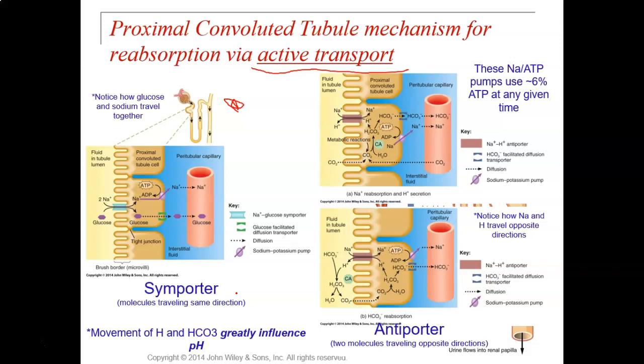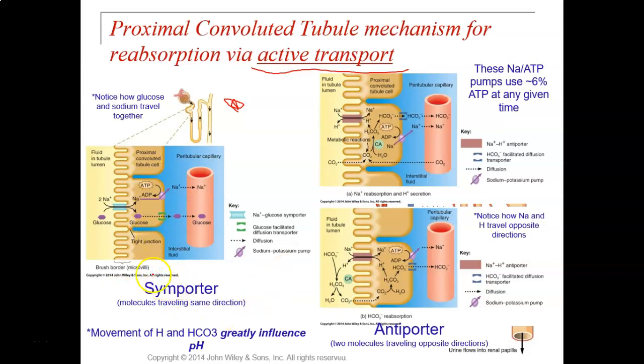Oh, hey, that's sodium, we want that back, let's reabsorb that. It doesn't work exactly like that. Sometimes you can reabsorb multiple molecules at once.